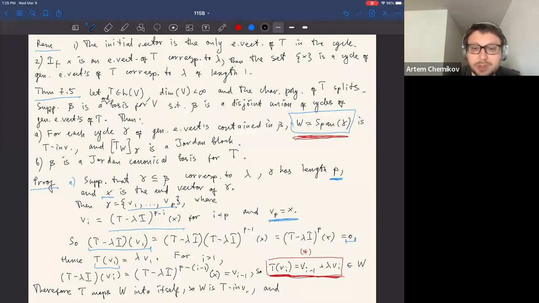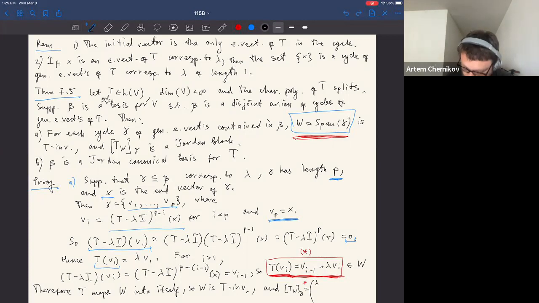Okay, we have this. And also, let's look at the matrix representing T_W with respect to gamma. What are the columns of this? Well, they're all given by star. So using star, we can write the columns one by one. For the first column, we simply get lambda, and then we have zeros below it.